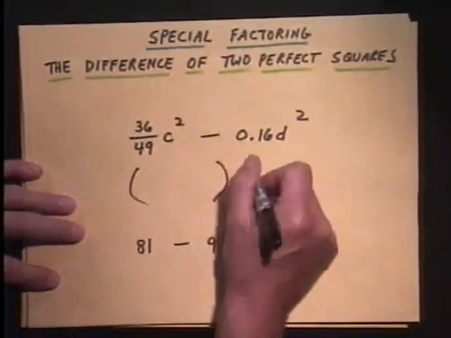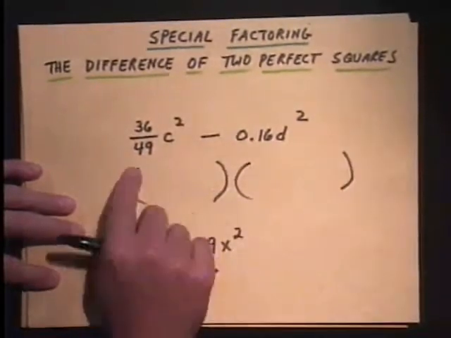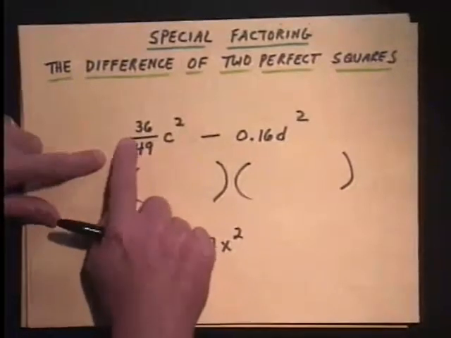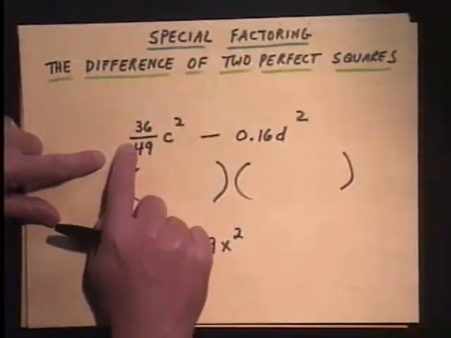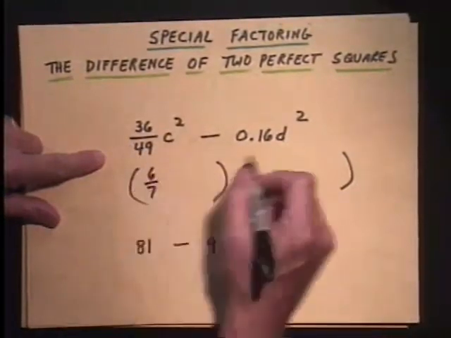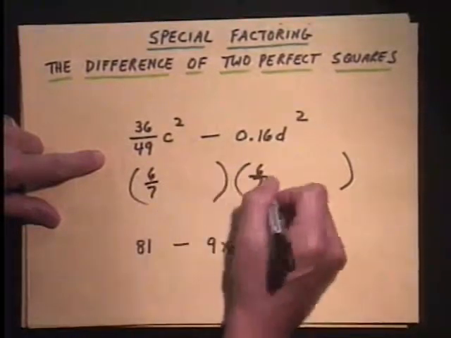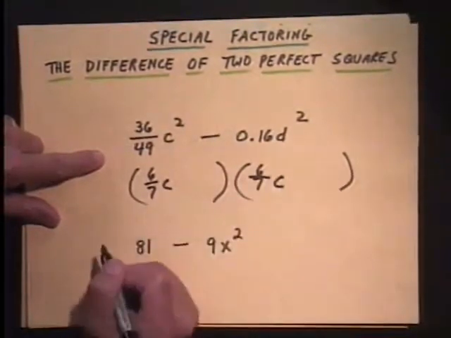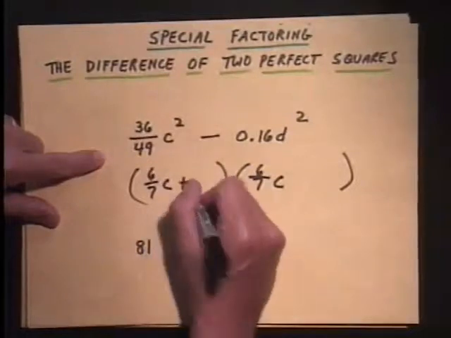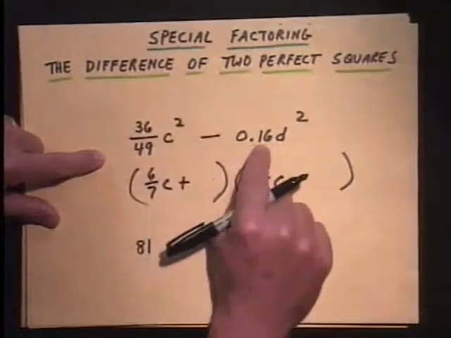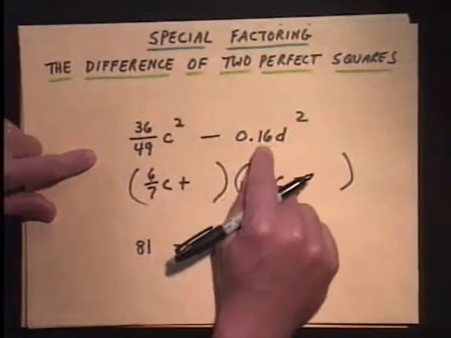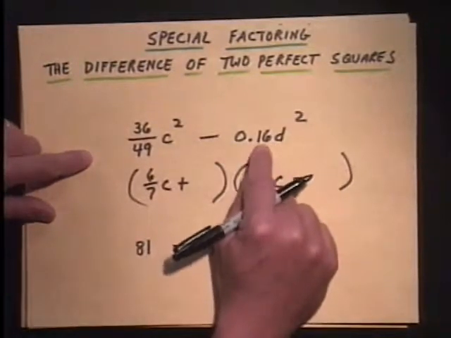All right, so go ahead and break this apart. To get 36 over 49, those nice perfect square numbers, even with fractions, it will come out 6/7, 6/7. All right, signs, plus, minus. And to get a 0.16, we haven't talked about perfect square decimals yet, but notice perfect square decimals are kind of like what numbers?